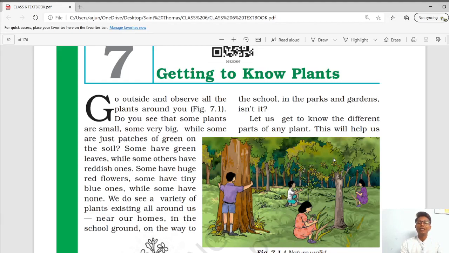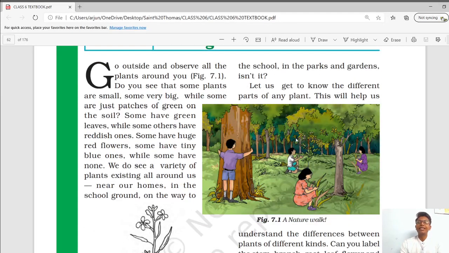You will see three to four types of plants: big trees, small trees, and the third one is grass. Some have green leaves, while some others have reddish ones. Some have huge red flowers, some have tiny blue ones, while some have none. You will see various types of leaves, various shapes and various colors.